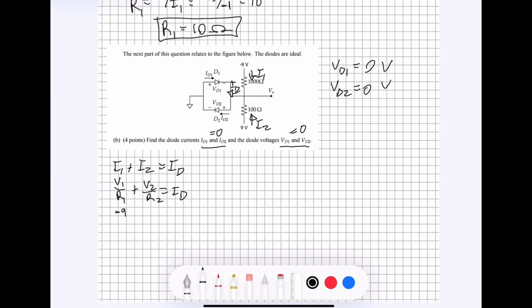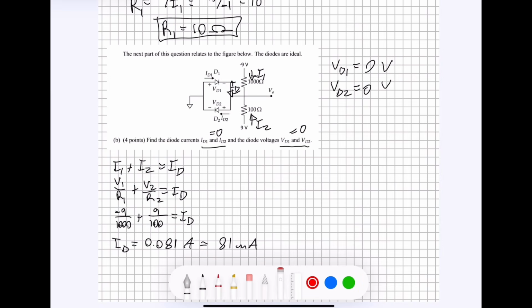Negative 9 over 1,000 plus positive 9 over 100 is equal to ID. And then we're going to find that ID is equal to 0.081 amps. You can also write that as 81 milliamps.